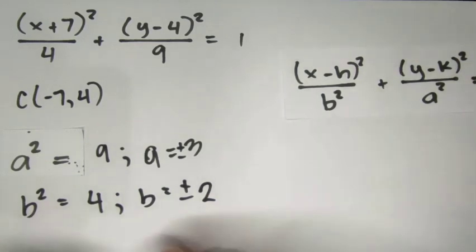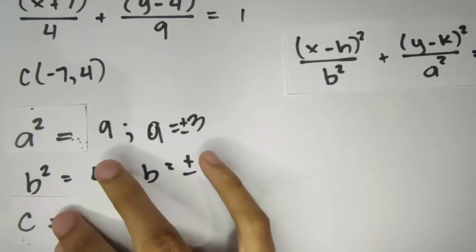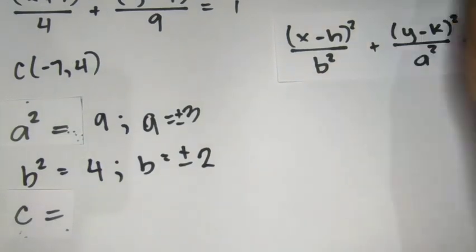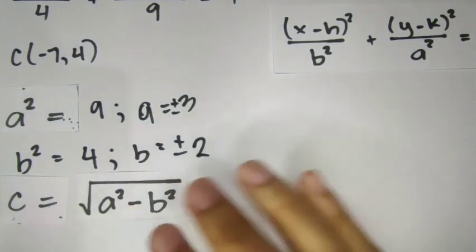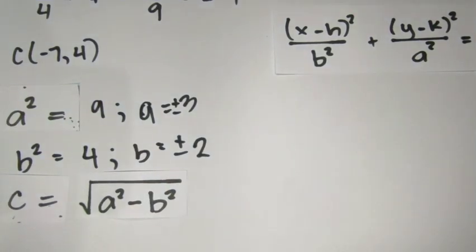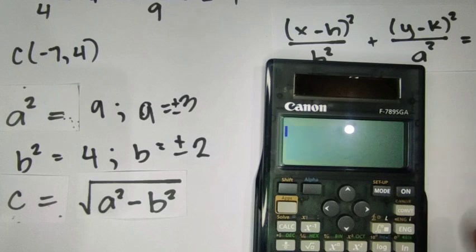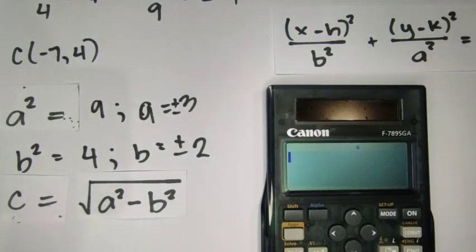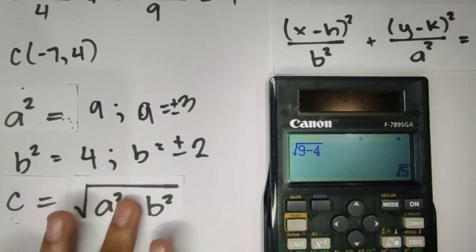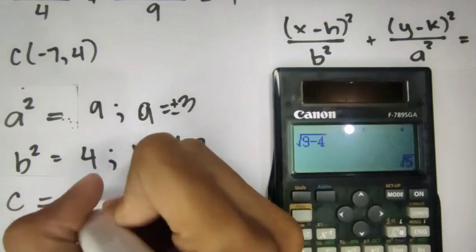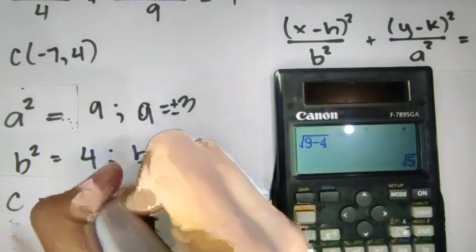Since we already have the value of a squared and b squared, we can get for our c, which can be derived by the same expression, square root of a squared minus b squared, making it c is equals to the square root of 9 minus 4. So our c would be positive and negative square root of 5.